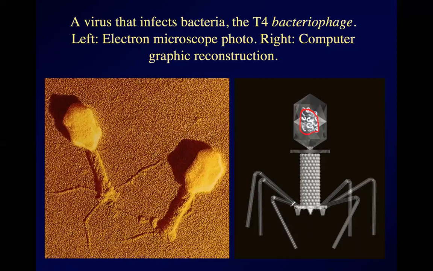And then it's got a shaft and a little base plate and legs on it. So it almost looks like a lunar lander. There's a diagram of it on the right, and on the left, those are some actual photos taken with an electron microscope. So we can see these viruses now.